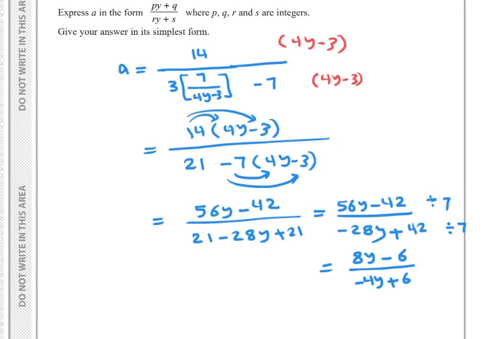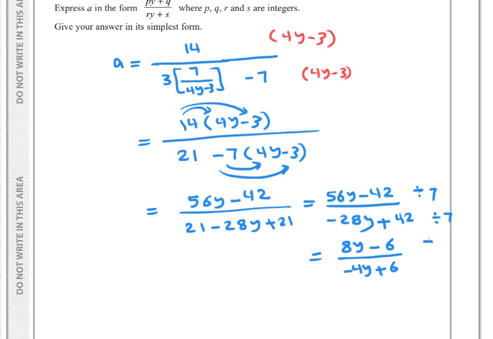We can divide the numerator and the denominator by 2. So 4y minus 3 over negative 2y plus 3.